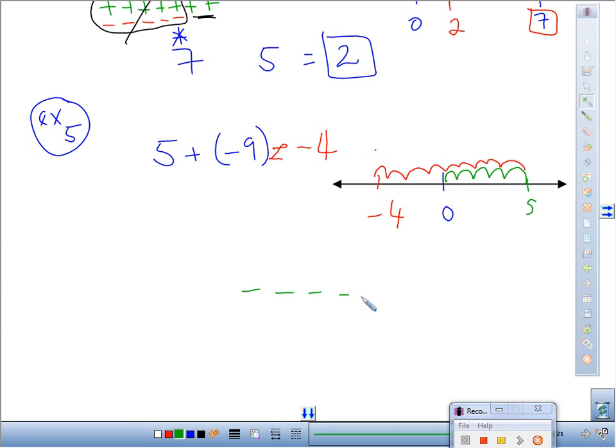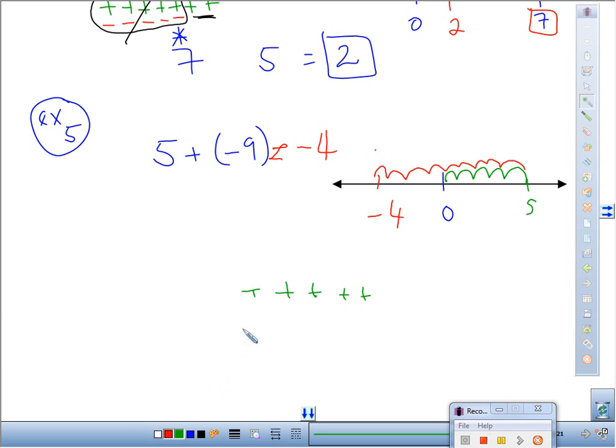Are the 5 negative? So it's positive: 1, 2, 3, 4, 5, and then we're going to add with red.